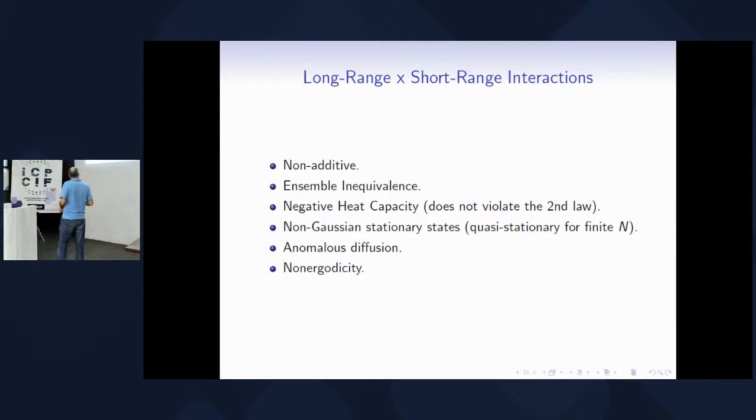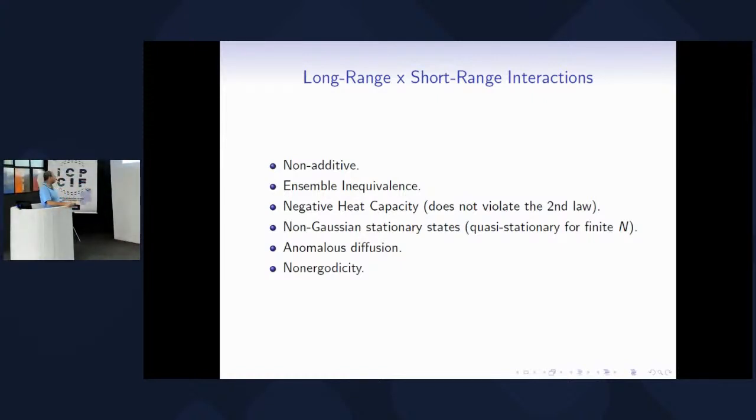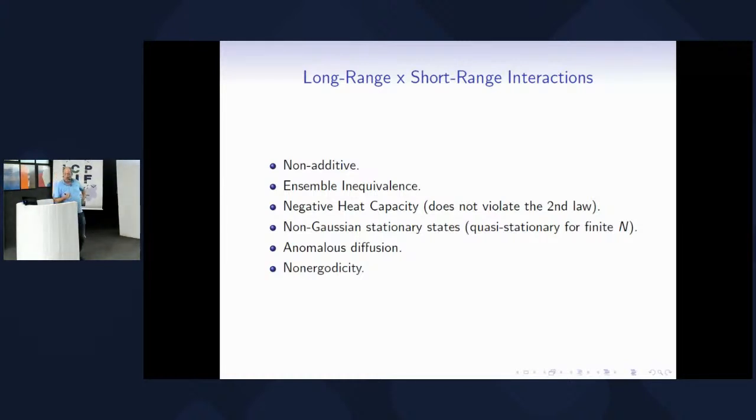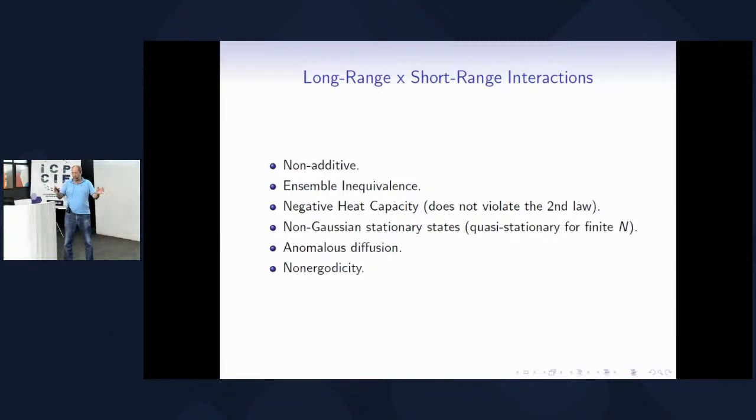What is different about these systems? They can, not necessarily always, but they can present some interesting properties. For instance, they are non-additive, particularly in the energy. If I take a galaxy and divide it in two parts, the total energy is not the sum of the two parts, because the interaction energy among these two parts is as significant as the potential energy inside just one of those parts.